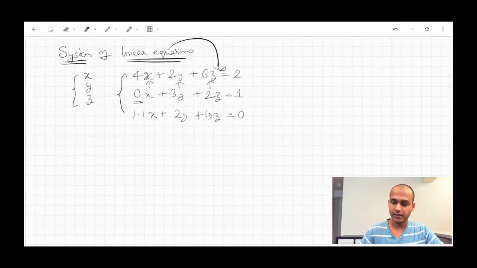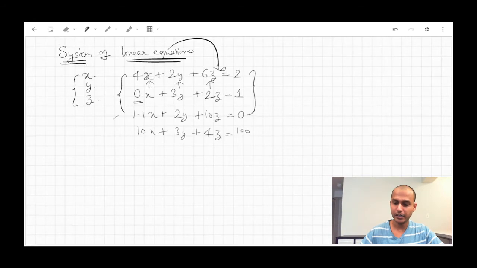This is because if I have more equations, then hopefully those equations are redundant. So for example, if I had one more equation, which is 10x plus 3y plus 4z is equal to 100, you can see that maybe there are some unknowns x, y, and z which will somehow satisfy these 3 equations.